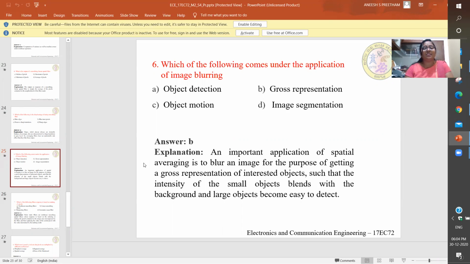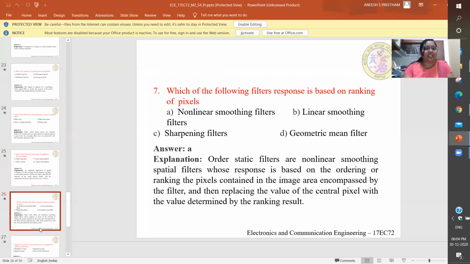So answer B is the correct one, as an important application of spatial averaging is to blur an image for the purpose of getting a gross representation of interested objects, such that the intensity of the small objects blends with the background and large objects become easy to detect.